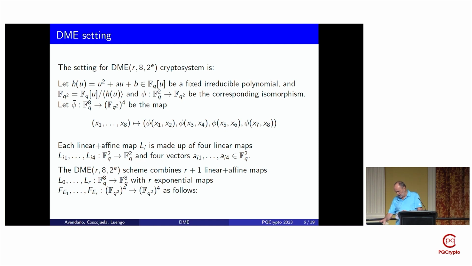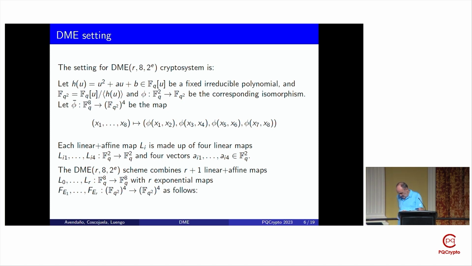We fix an isomorphism between FQ to the power 2 and the field FQ squared, where this is fixed with a base, and we call it phi. And also, all the time, we use phi bar, this isomorphism between FQ8 and FQ squared to the 4.